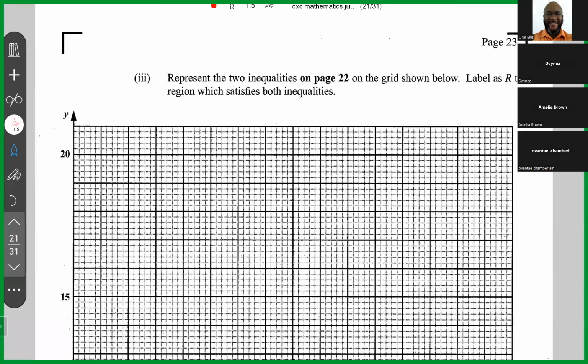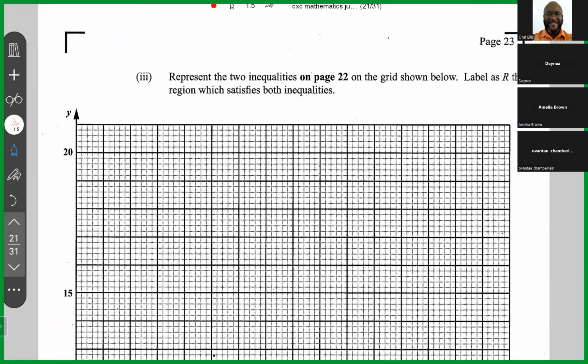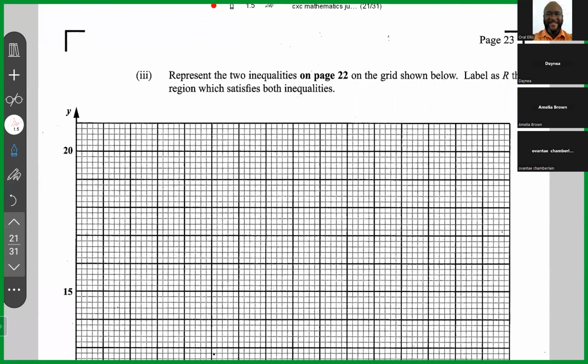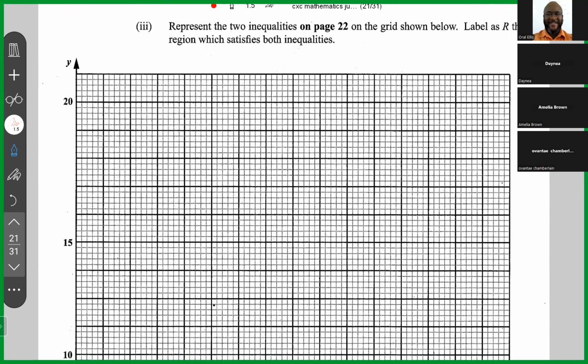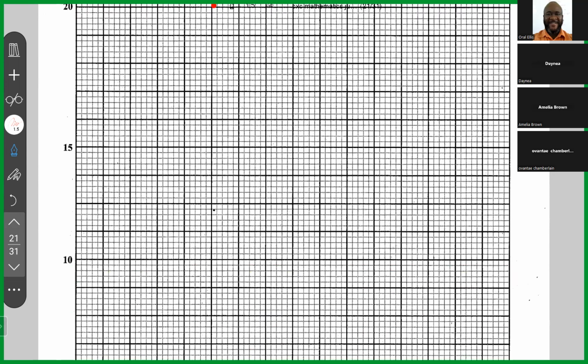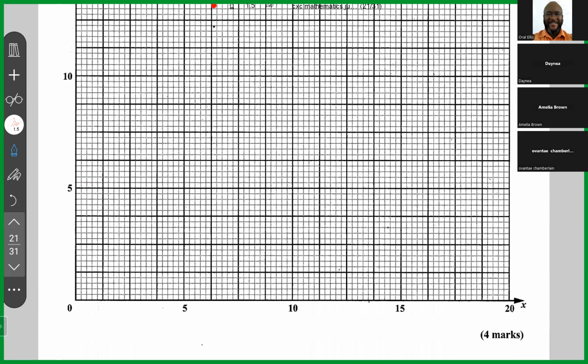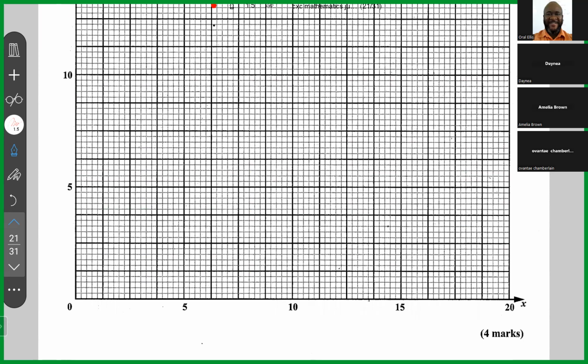We're asked to represent the two inequalities on page 22 on the grid below. Label as R the region that satisfies both inequalities. All right, so we're asked to represent our inequalities on this graph.